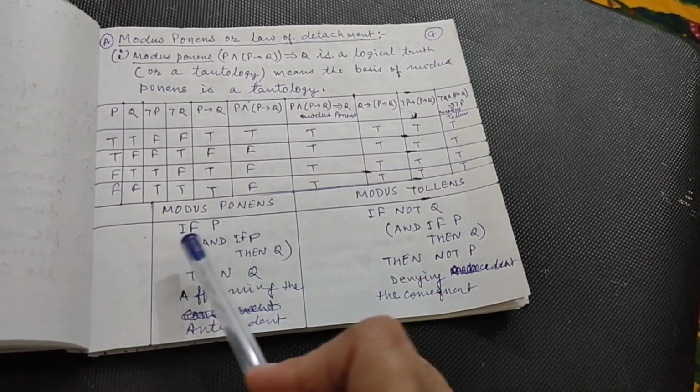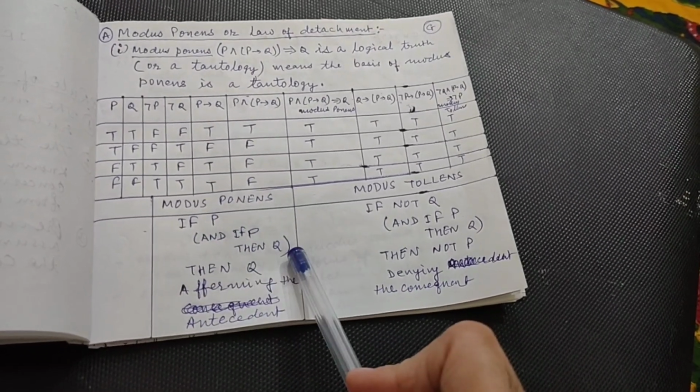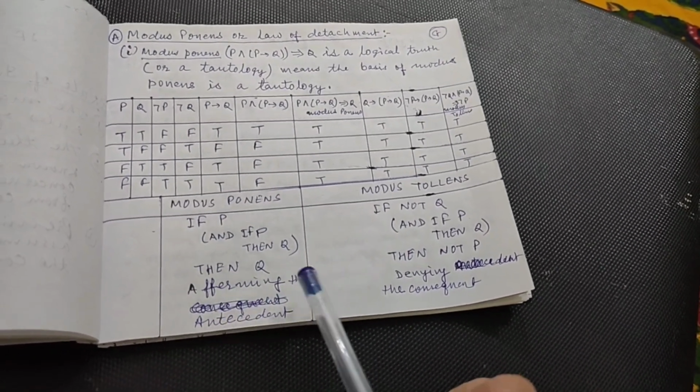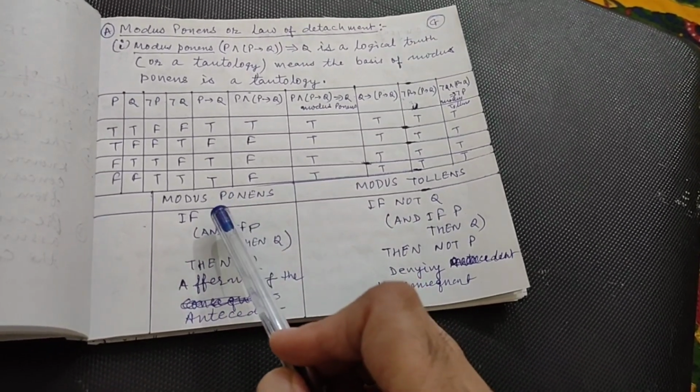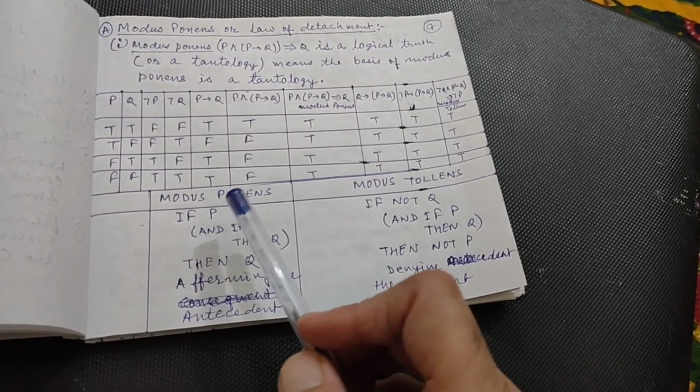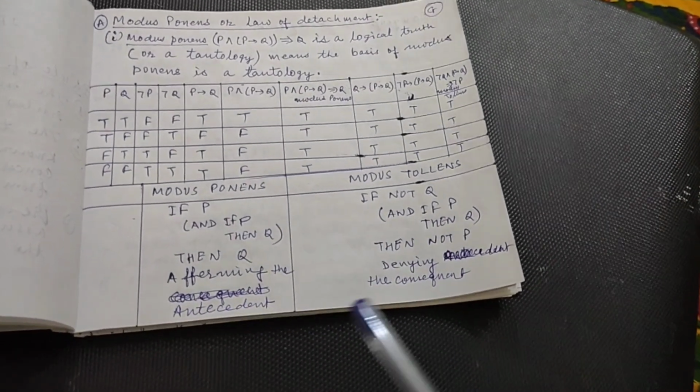Modus ponens can be written as: if P and if P then Q, then Q, affirming the antecedent. P is the antecedent, so affirming the antecedent.